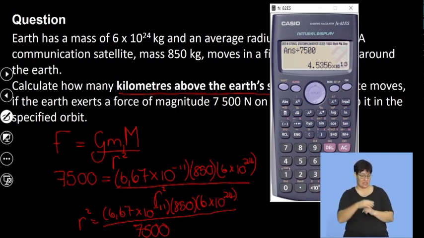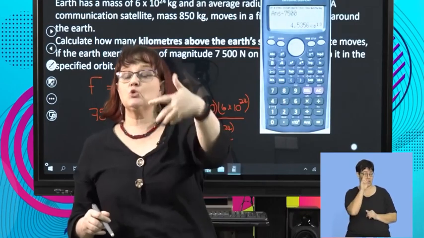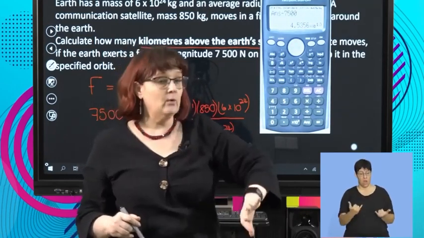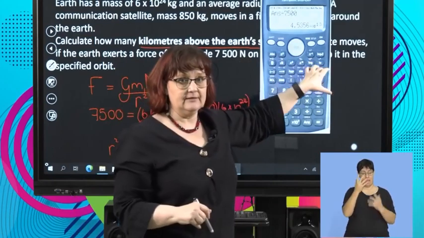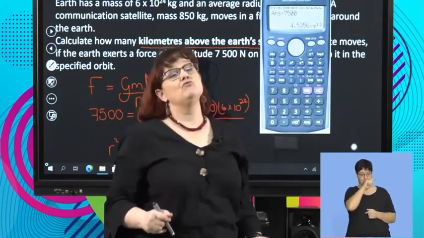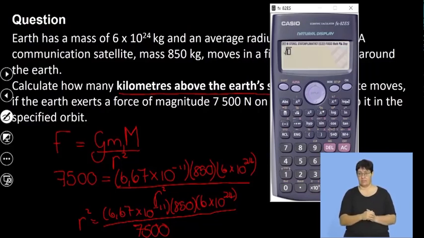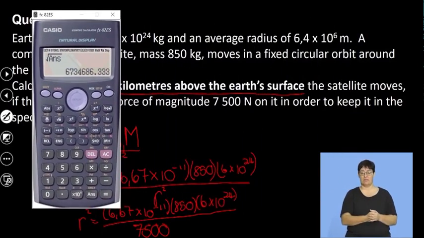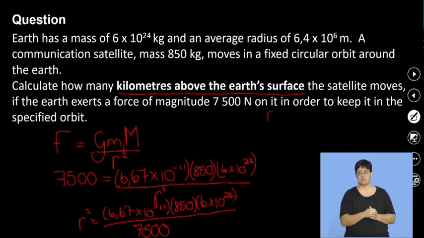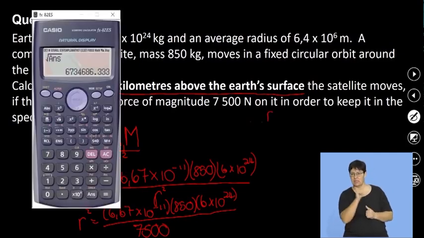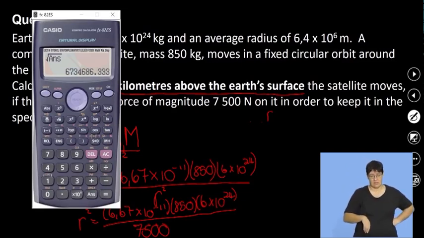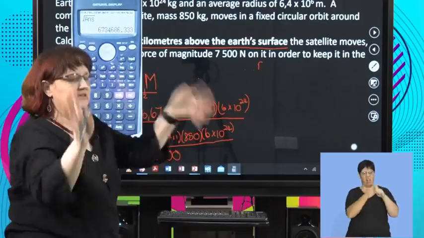But remember, that's R squared. So straight away, because I want to keep that answer in my calculator, I'm now going to square root it, because that gives me R. Square root my answer, and we get a nice big number. I'm going to put it in scientific notation, just to make our life easier.